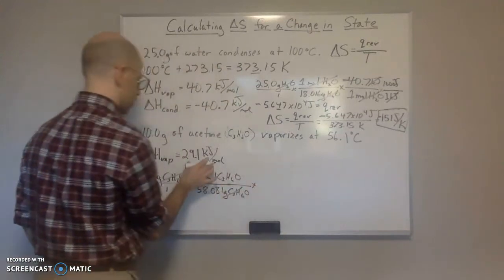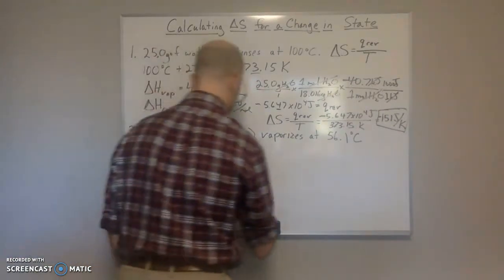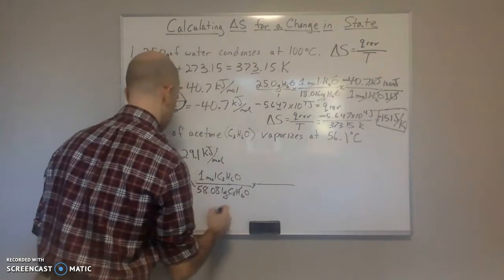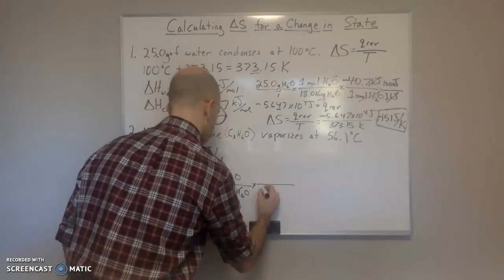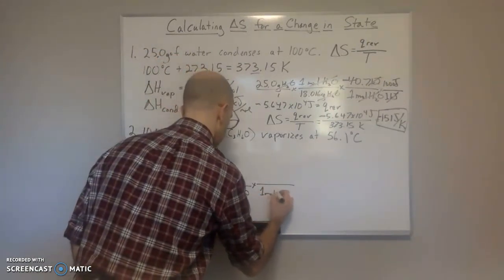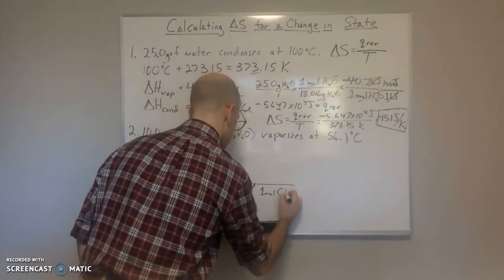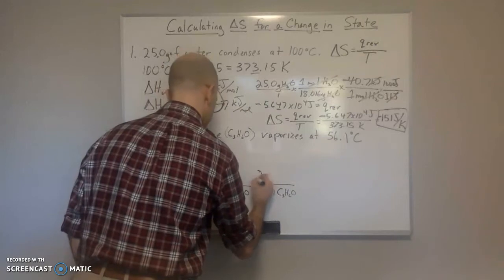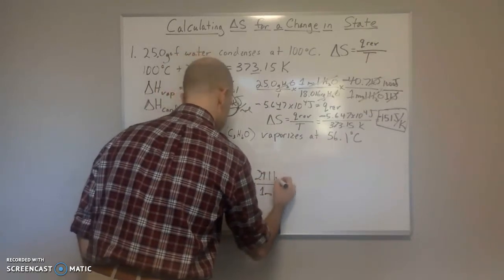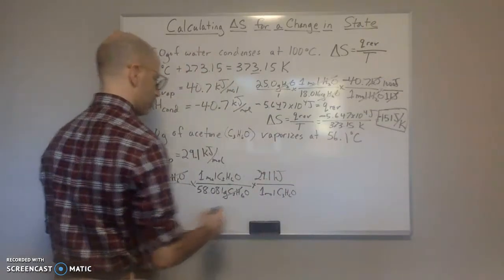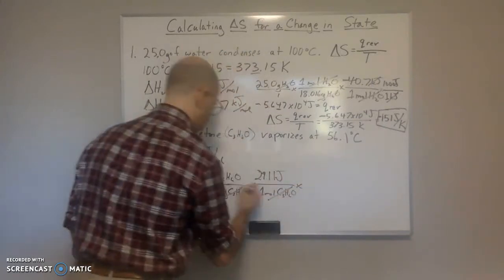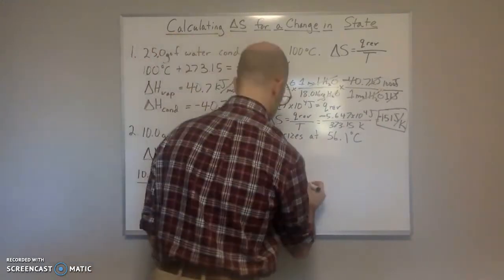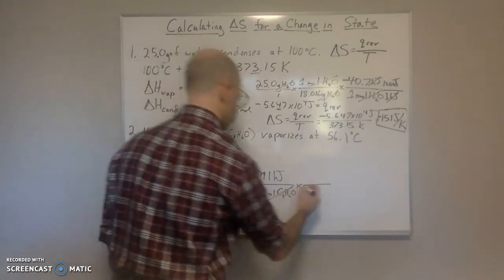Now we can use our moles to kilojoules. So that's going to be 1 mole of C3H6O on the bottom and 29.1 kilojoules on top. Moles cancels out. Now we have kilojoules, and we need to convert that to joules.